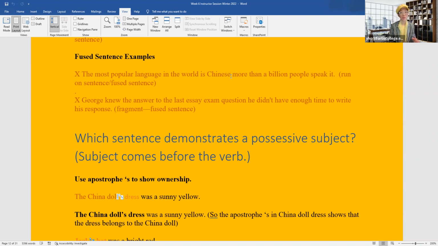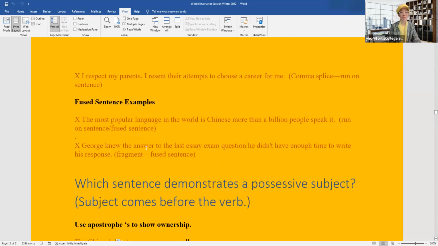It's not correct. John knew the answer to the last essay exam question. Here, after question, you need to have a period. But since there's no period, this becomes a run-on sentence. So all of these colored sentences are exact sentences from your quiz.